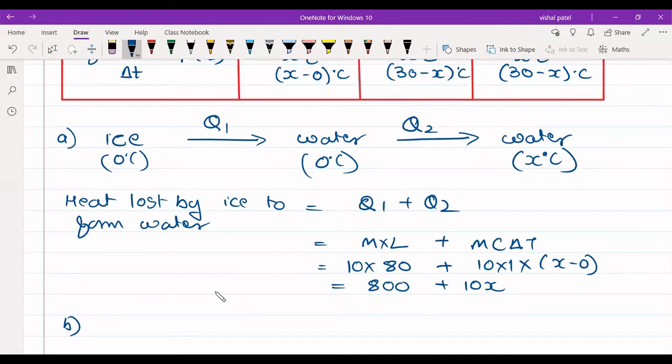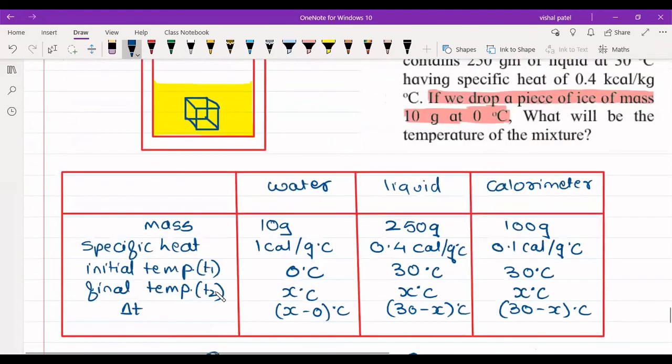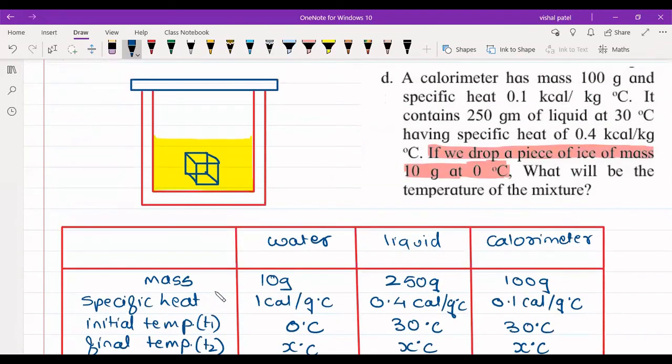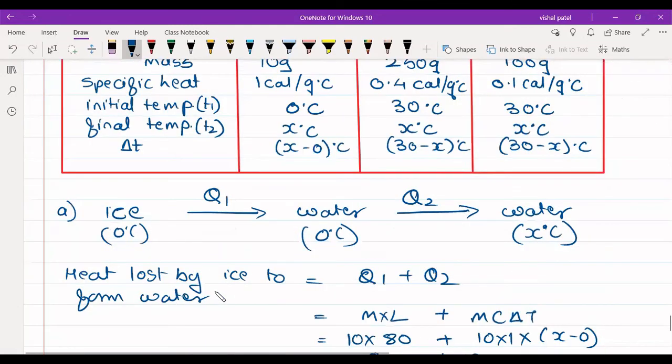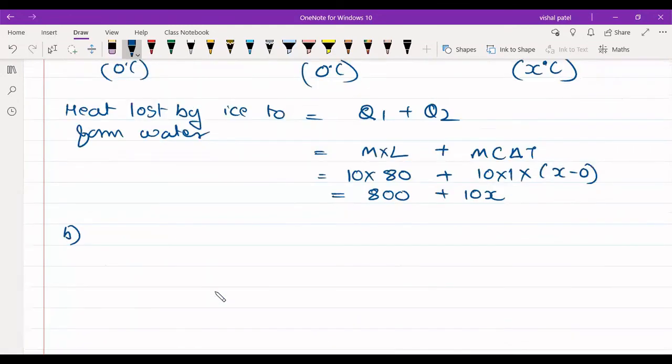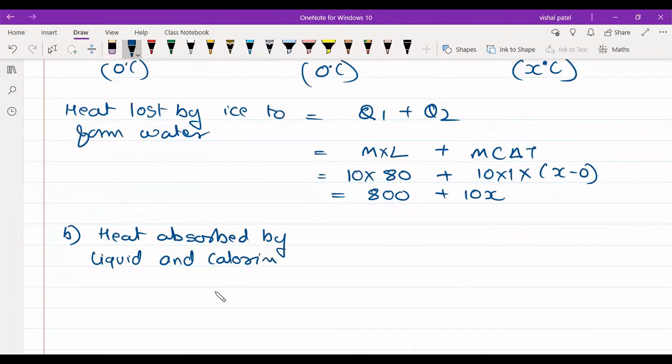Now this heat which is lost by ice is taken by what, students? See the figure, it is taken by the liquid, which I've shown in yellow color, and the calorimeter. Now see what I'm writing. Heat absorbed by liquid and calorimeter equals Q_L plus Q_C.